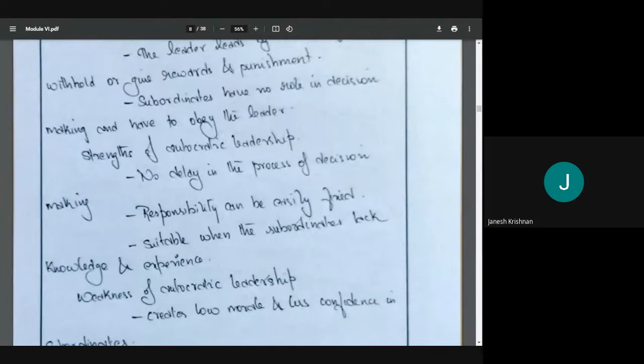So responsibilities can be easily assigned. The leader finds that A is competent, so A will have to do this.